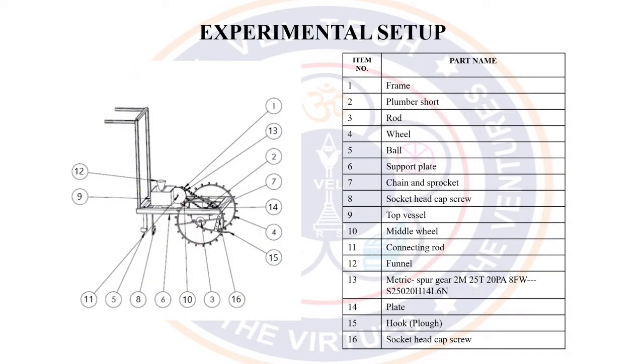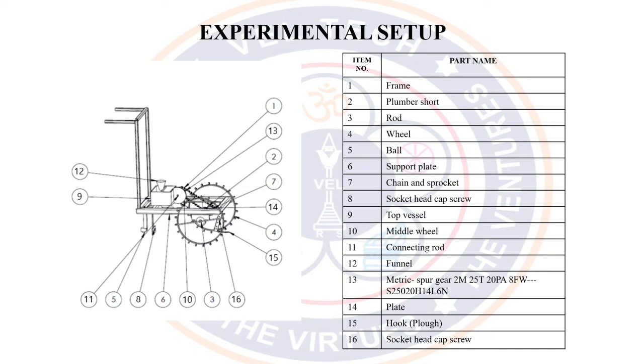Experimental setup. Parts and design configuration are shown. 1. Frame. 2. Plumber slot. 3. Rod. 4. Wheel. 5. Ball. 6. Support plate. 7. Chain and sprocket. 8. Socket head cap screw. 9.